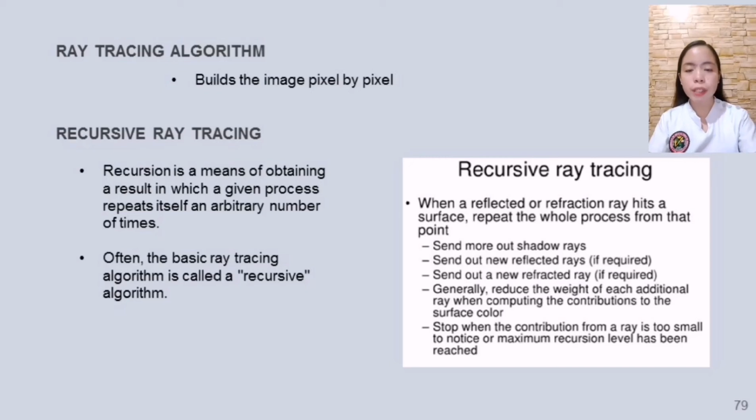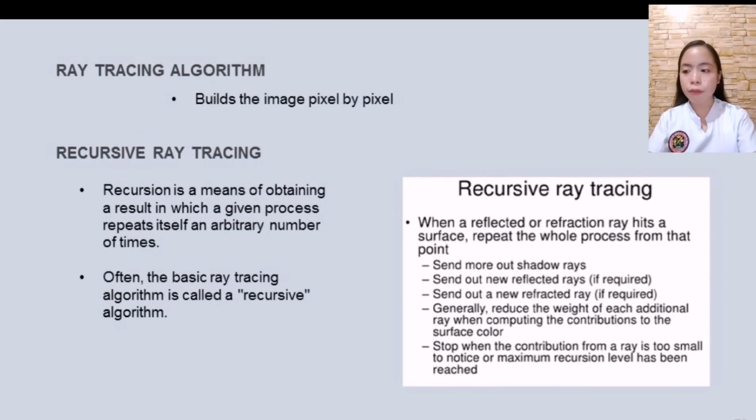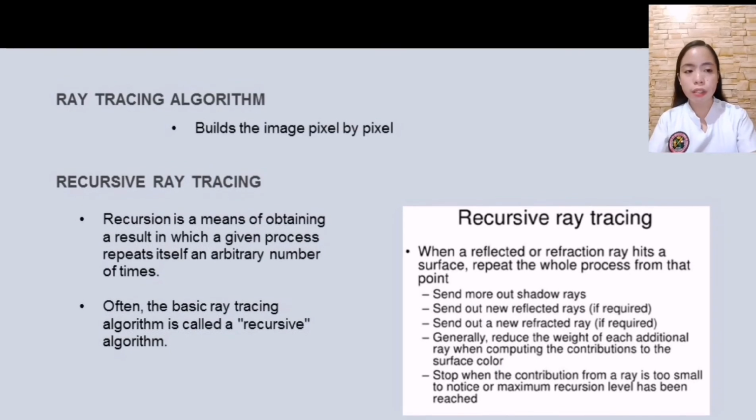Then, recursive ray tracing. Recursion is a means of obtaining a result in which a given process repeats itself an arbitrary number of times. Often, the basic ray tracing algorithm is called a recursive algorithm. When a reflected or refracted ray hits a surface, these are the processes to be repeated.